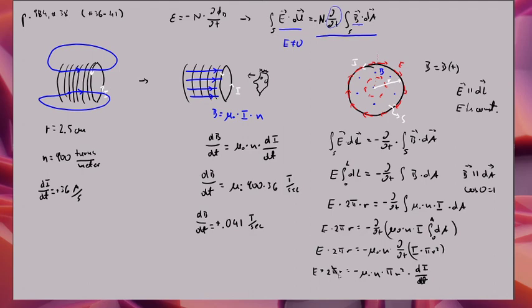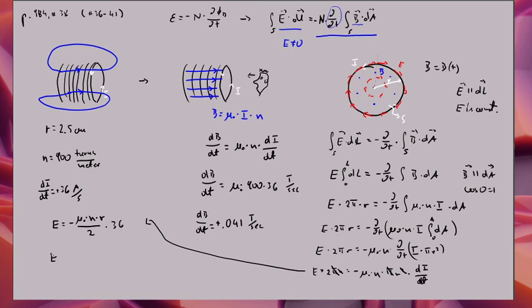And so pi goes away, r goes away, at least that part of it. And so now what I have is that the electric field, actually, it looks to me like I might have done more work than necessary, but the electric field then equals minus mu naught times n times r over 2 times di dt, which is just 36.